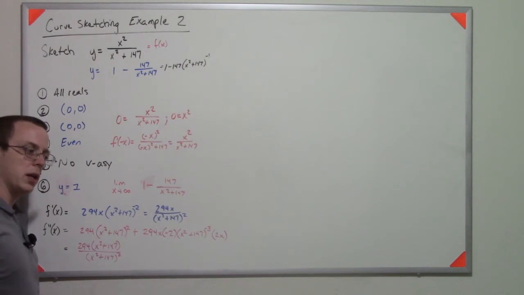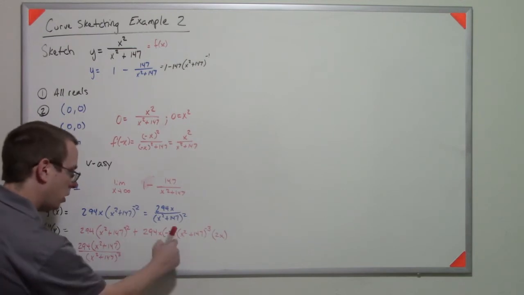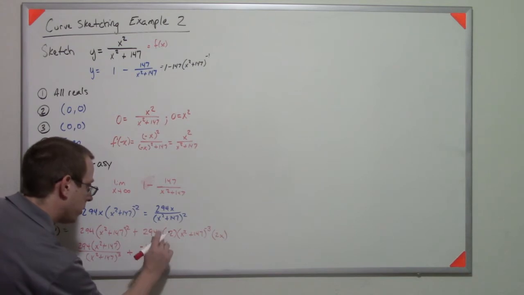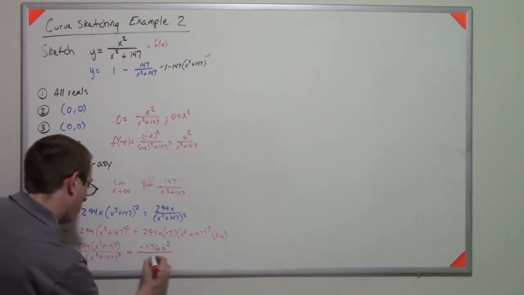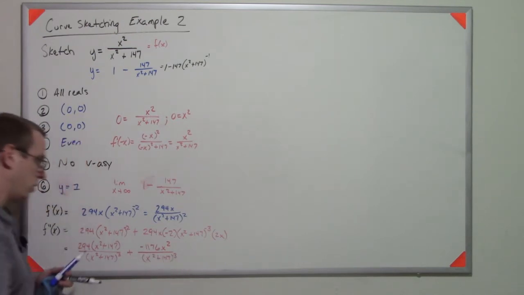You double that again, you're going to end up with 1176, and so that's plus negative 1176 times x squared, all over (x squared plus 147) cubed.